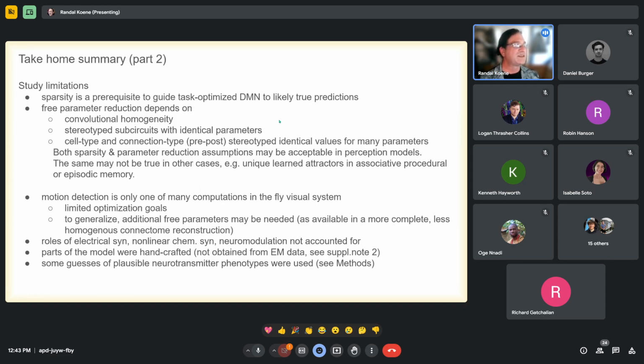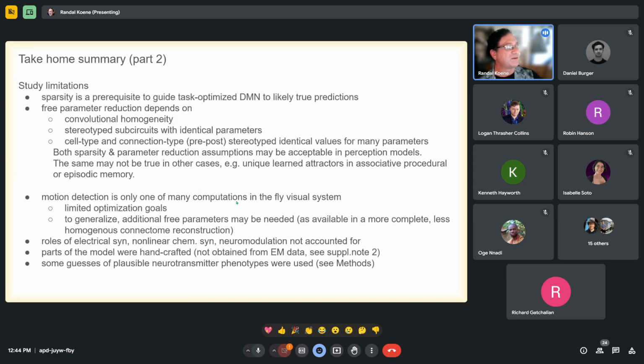Both of those assumptions may be acceptable in a variety of areas, such as perception models, but the same might not be true in other parts of a brain, such as, for example, if you are indeed trying to work with unique learned attractors in something like associative, procedural or episodic memory.